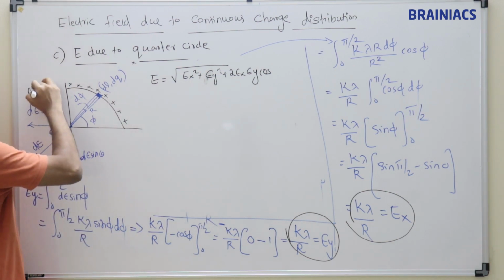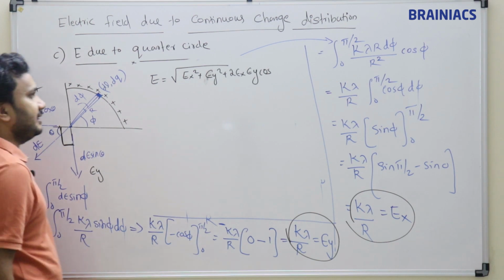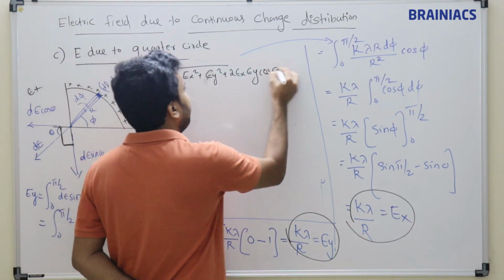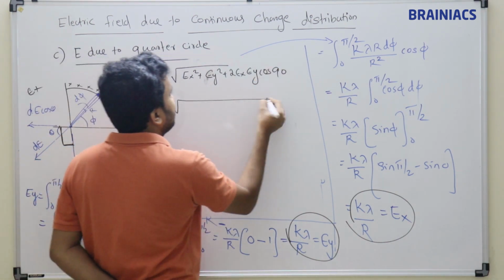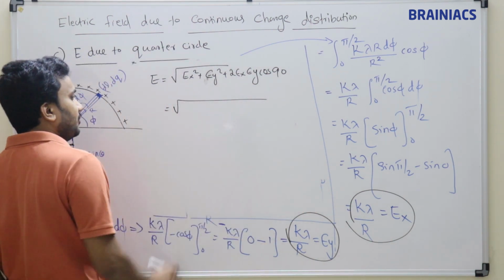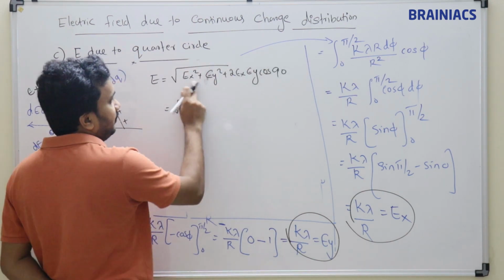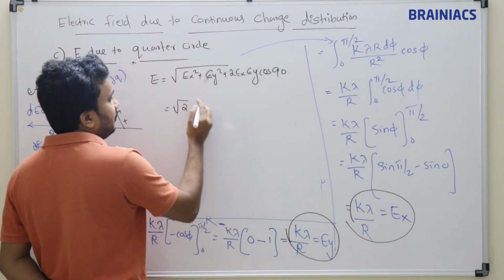This is called Ex, this is called Ey. What is the angle between Ex and Ey? 90 degrees, so it becomes cos 90. So Ex square plus Ey square. Both are same. So once you solve this one, what you will get? 2 times Ex, so 2 root 2 will come.